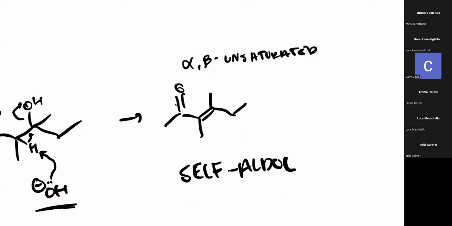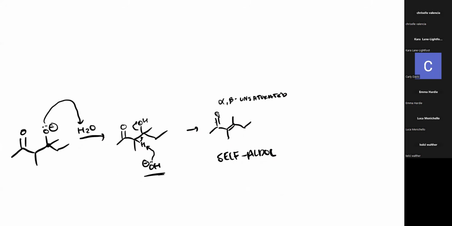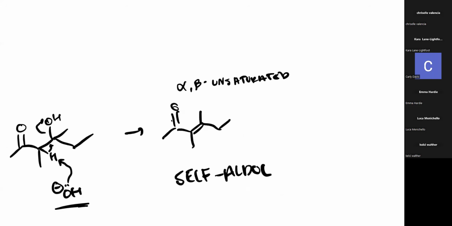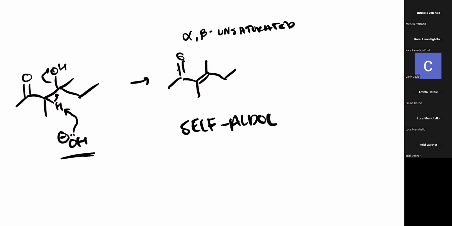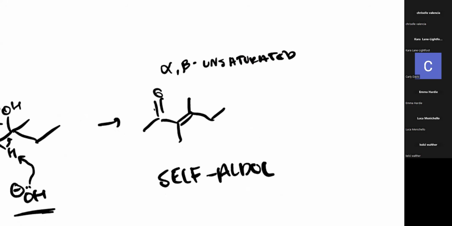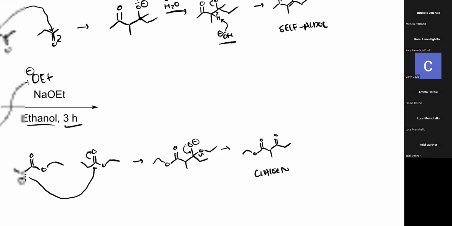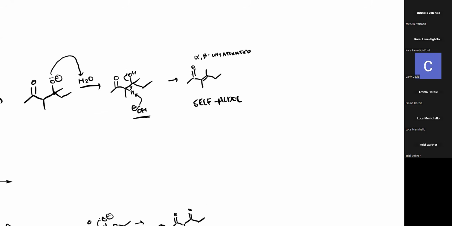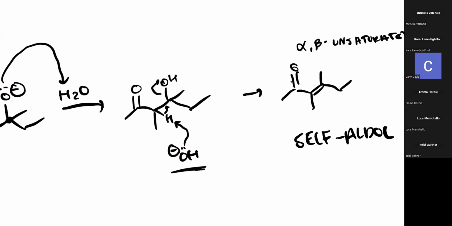This is a really good thing to put on a synthesis where you do the self-aldol to form the alpha beta unsaturated, and then you can do a 1,4 addition. That's a common kind of motif, right? So I get to this starting material that now I could do a 1,4 addition onto. I won't do that to you guys, but that's there, right? It kind of is cyclical that way. Yeah, that's a good question. It will always, every single time, take the one between the carbonyl and the OH to form the alpha beta unsaturated.